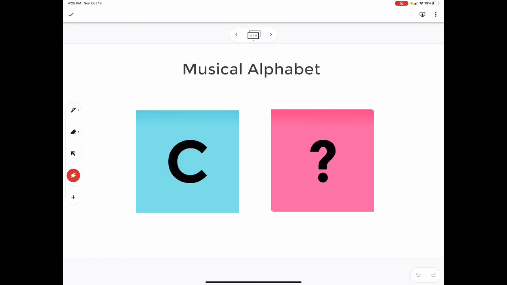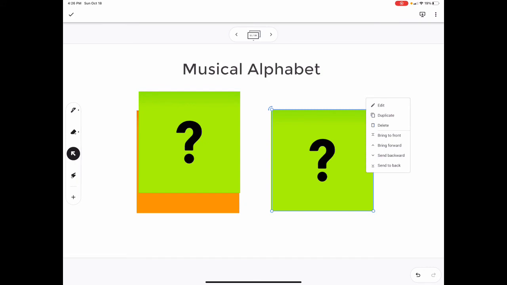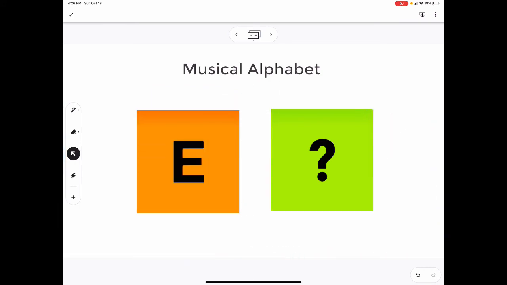So if I say, what is the note that comes before letter C in the musical alphabet? You would say that it's B, because, think of it going backwards. Okay. If I ask, what is the note that comes before letter E? You would say it is, oops, sorry about that.